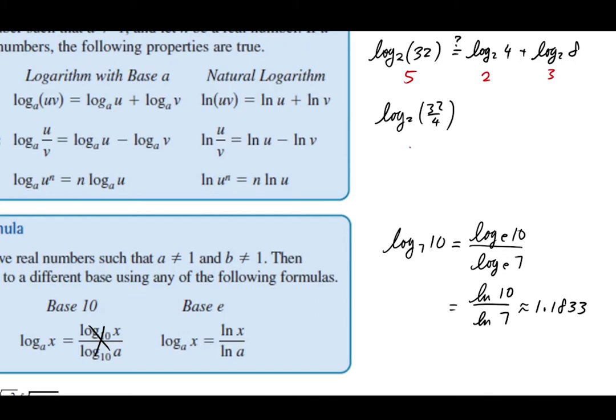That was 3, recycling our work. Now, would that be equal to log 2 of 32 minus log 2 of 4? Of course, we have done this before. So this is 5 and this is 2. So what it's saying is 3 is equal to 5 minus 2, which is of course still true.